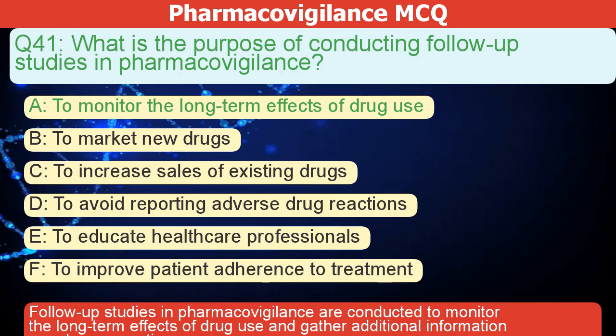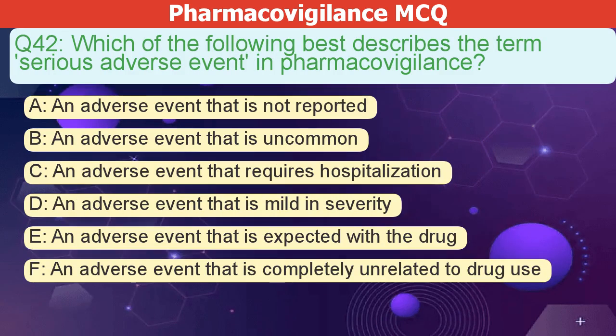reactions. Which of the following best describes the term serious adverse event in pharmacovigilance? A. An adverse event that is not reported. B. An adverse event that is uncommon. C. An adverse event that requires hospitalization. D. An adverse event that is mild in severity. E. An adverse event that is expected with the drug.